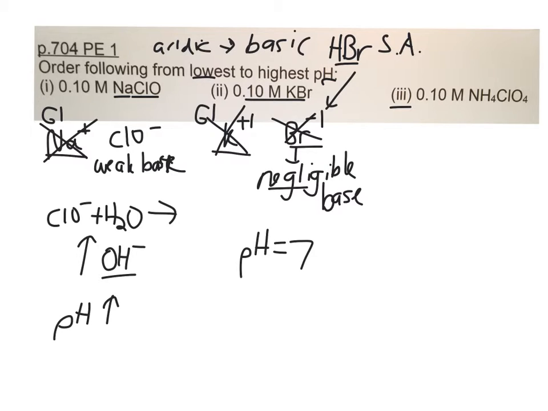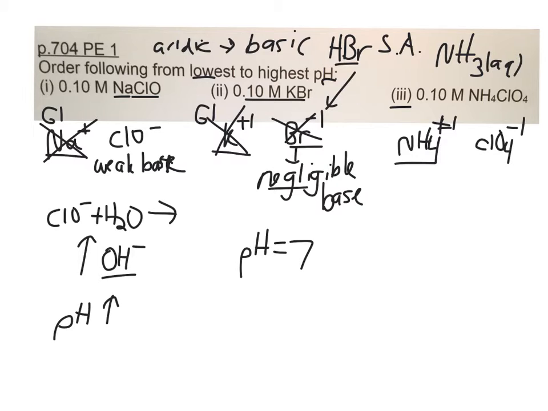And then number 3, this would break into 2 polyatomic ions, the cation here, the ammonium ion, and ClO4 minus 1. So let's take care of NH4 first. It stems from NH3, ammonia, which we know is a weak base.